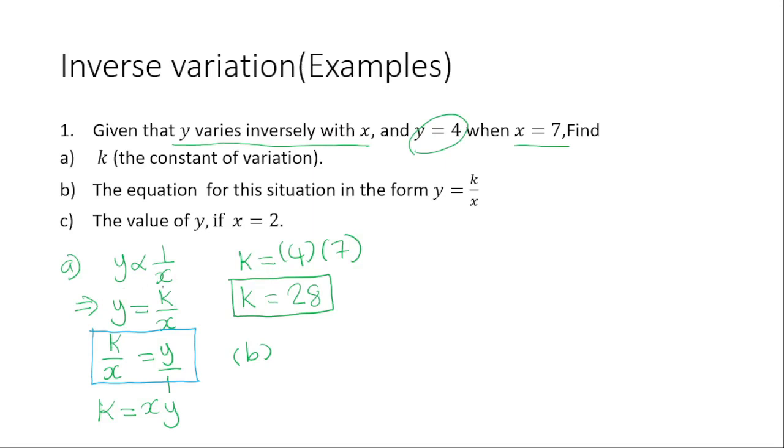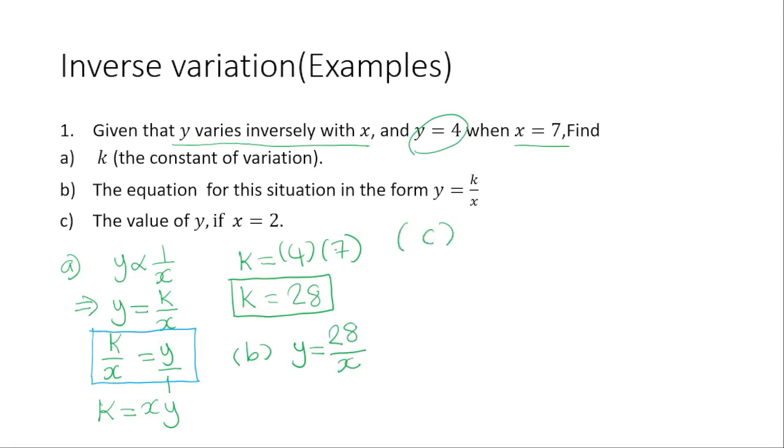This is a general equation for an inverse variation. So all we have to do now to get the equation for this situation is substitute 28 for the k. So what we'll have is y is equal to 28 over x. And this is the equation for this situation.